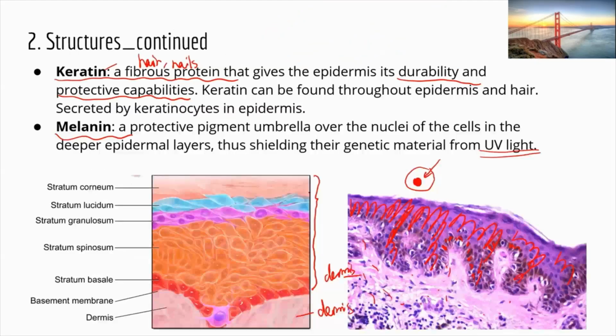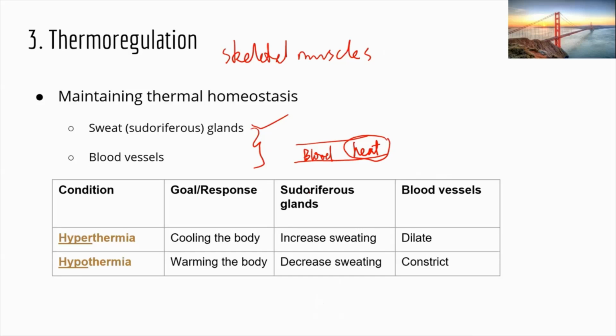Okay. So what happens when you get really hot? That condition is called hyperthermia. Remember, hyper means high. That's when your body is heating up. Your body is getting too warm, right? So your blood vessels will dilate. Blood vessels get wider.